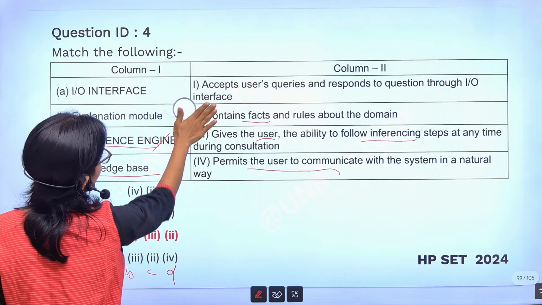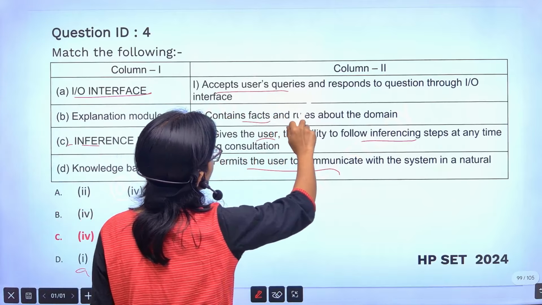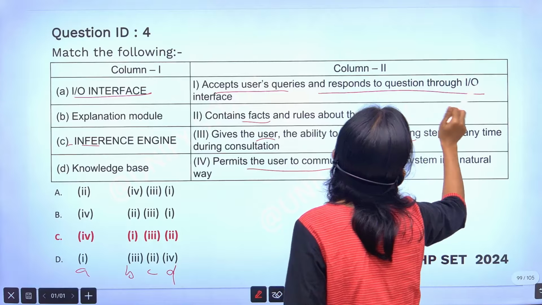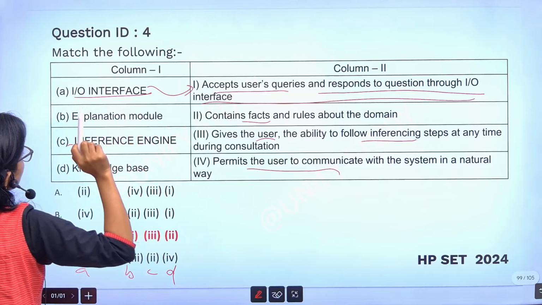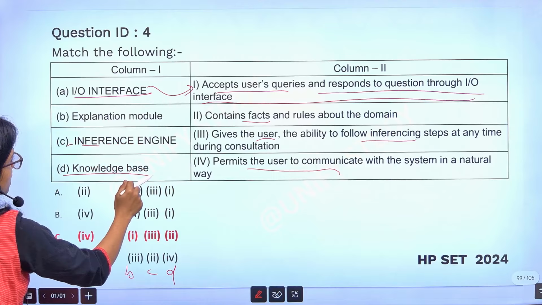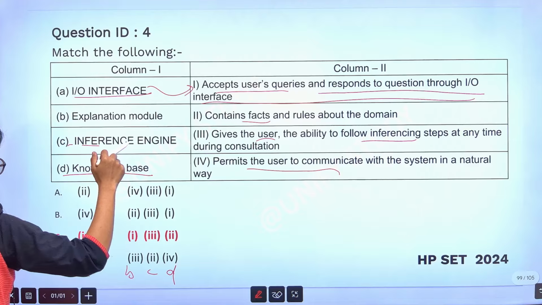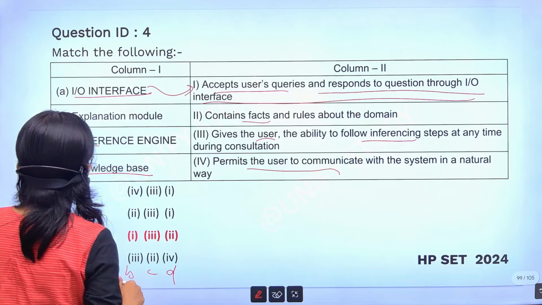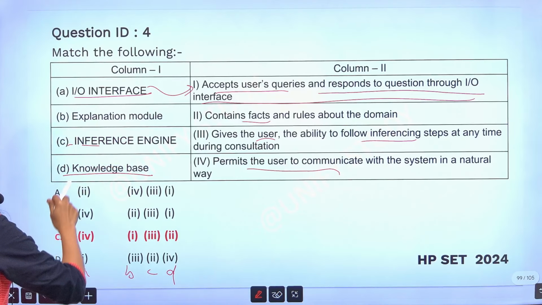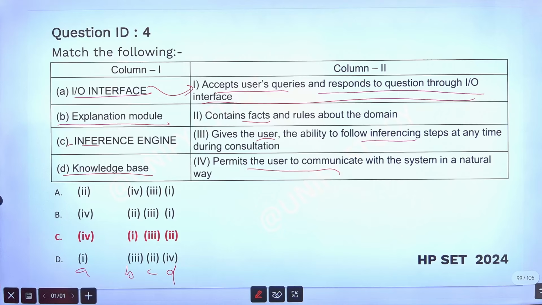No, put output interface, right? The IO interface accepts the user queries and responds to the input. So A will be with 1. And here knowledge base means you are storing the facts, and permits the communication. Explanation module. Here I think some mistake is there.